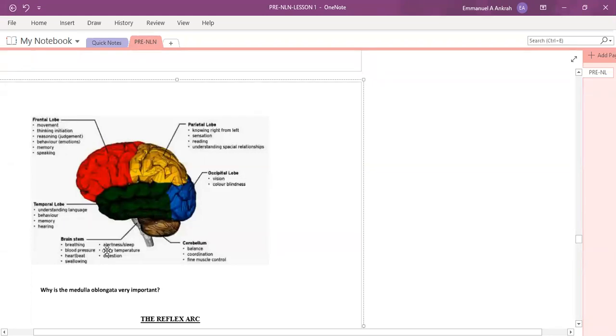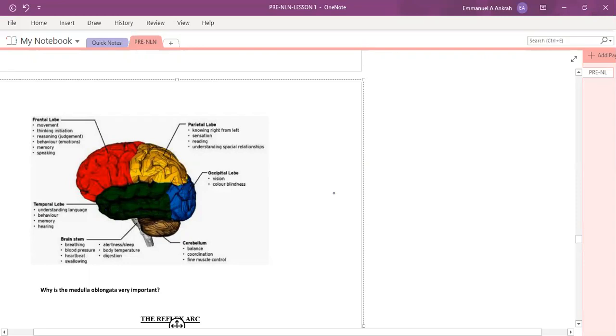Then the brainstem has what we call the midbrain, the pons, and the medulla oblongata, which I just showed you from before. The brainstem, especially the medulla oblongata, controls breathing, blood pressure, heart rate, and swallowing. So the main function of the medulla oblongata is cardiorespiratory.